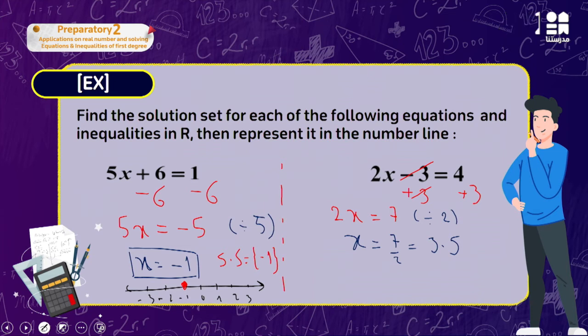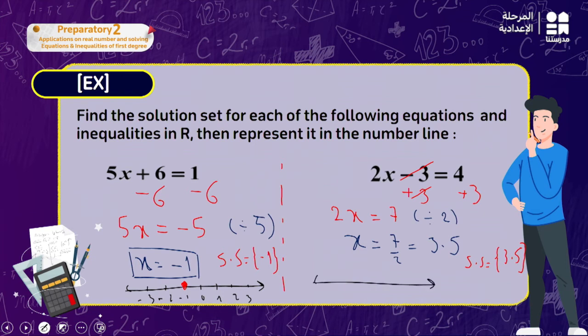3.5. So we can write that the solution set here equals 3.5. And we represent it on the number line.